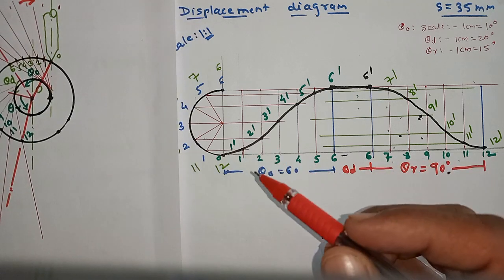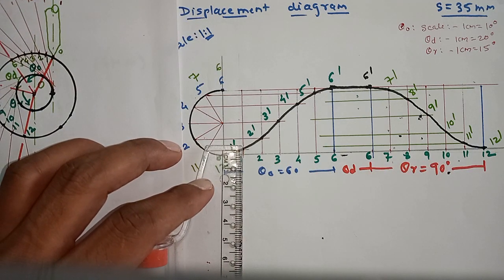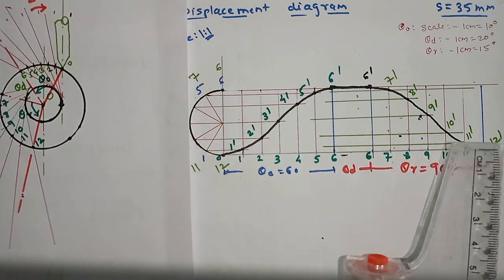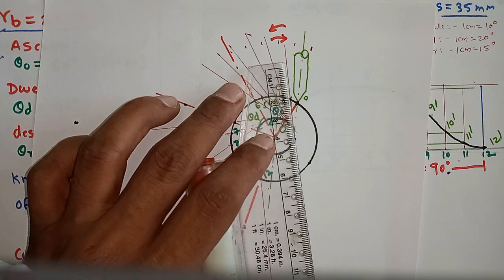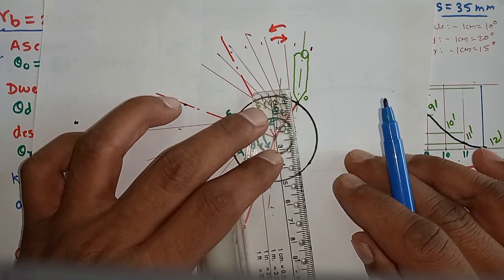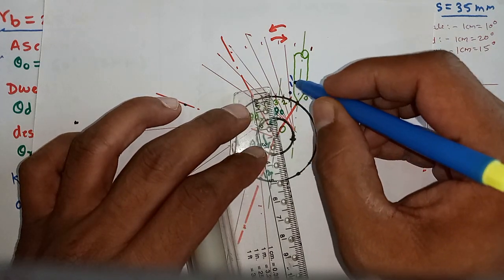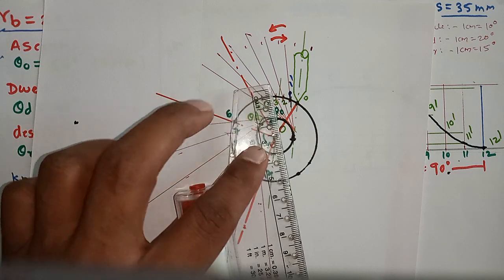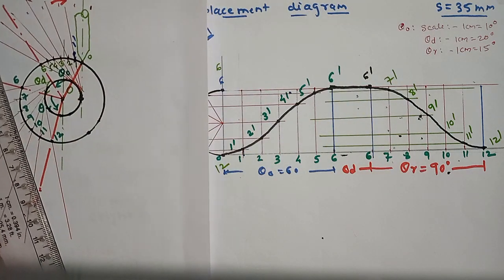So we will take this displacement. It is 3 millimeters. So I will plot that displacement on the displacement diagram. The first line of action, 3 millimeters. So this is 1 to 1 dash, which is equal to 1 to 1 dash from the displacement diagram.